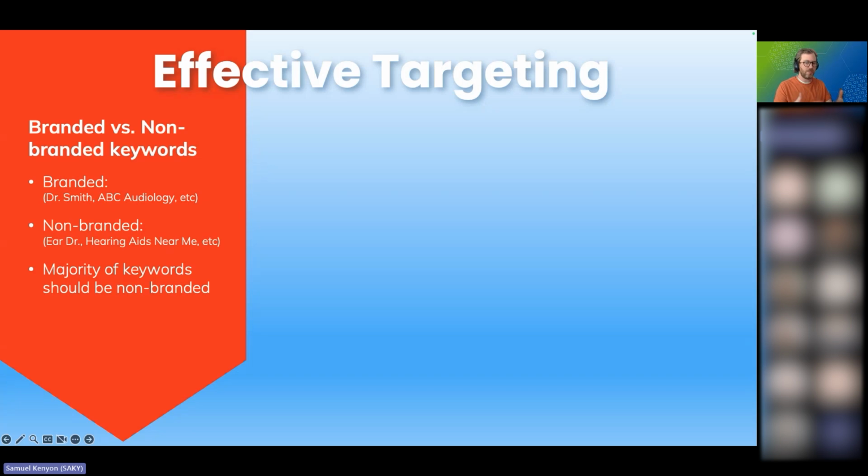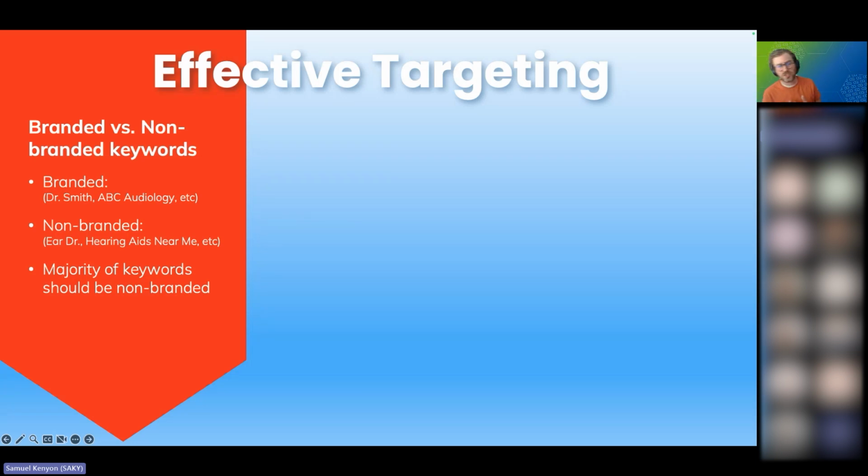When I say bidding, it's what your budget goes to. So say we want to target in our area, we need to look at branded and non-branded keywords. Branded is specific to your practice, let's say ABC Audiology or Dr. Smith, something people are searching for, most likely a returning patient or someone who already knows about you.